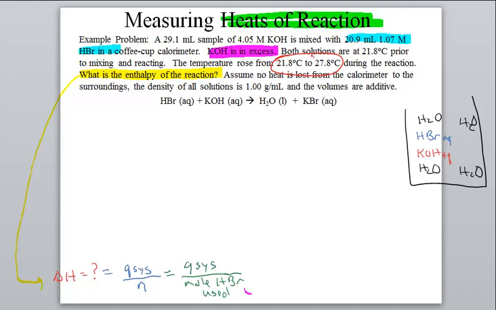We're measuring the temperature of the surroundings, the temperature of the water. The temperature is going up, which means the velocity is going up, which means the kinetic energy is going up. This is an exothermic type of reaction, and your delta H, when you calculate it, should be negative if it's exothermic.